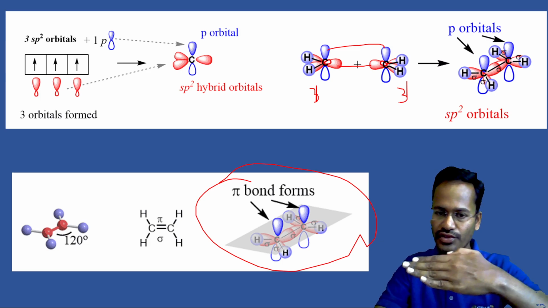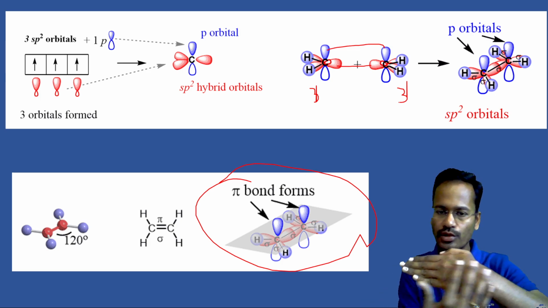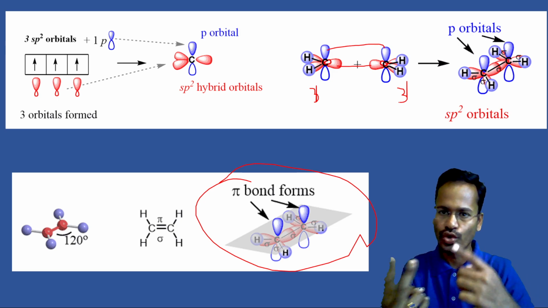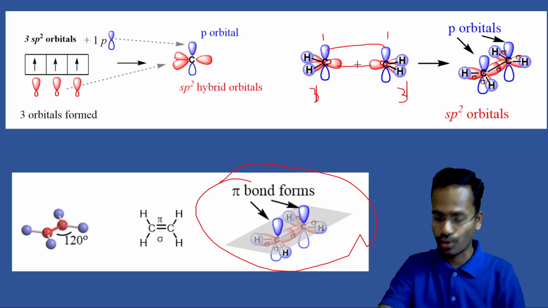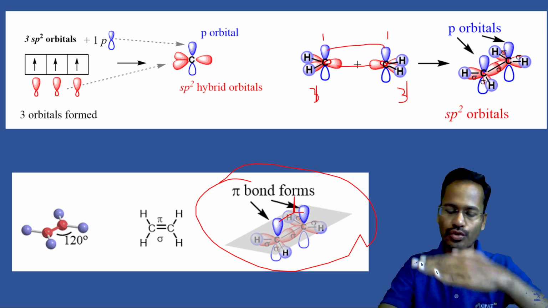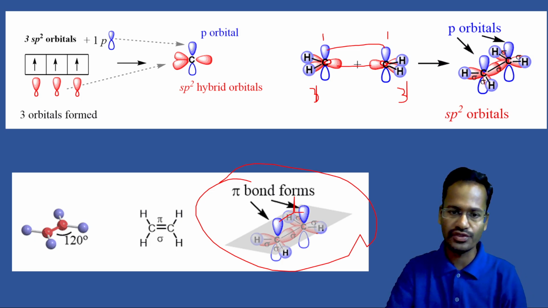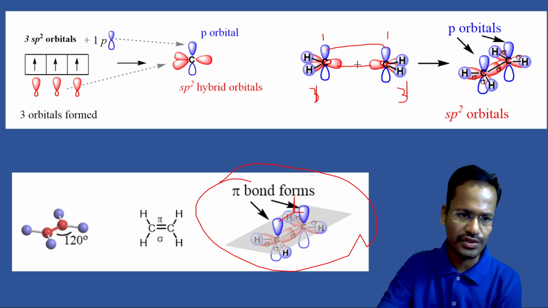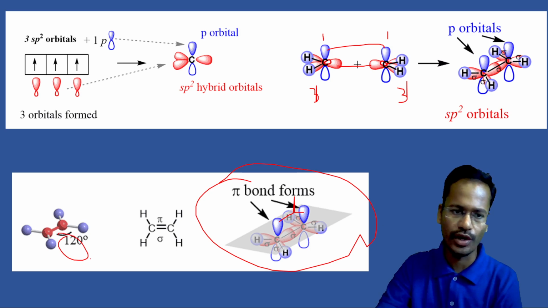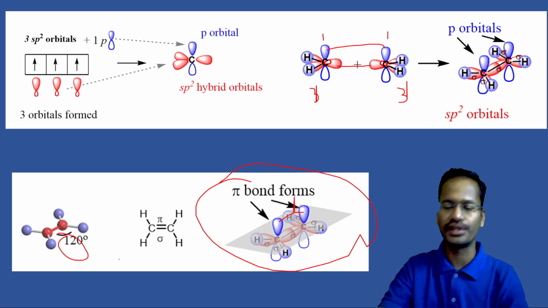So 6 hybridized orbitals are in a single plane, whereas 2 unhybridized orbitals, one from this carbon and another from this carbon, are at 90 degrees to this plane. This is what we can see, and the bond angle is going to be 120 degrees.